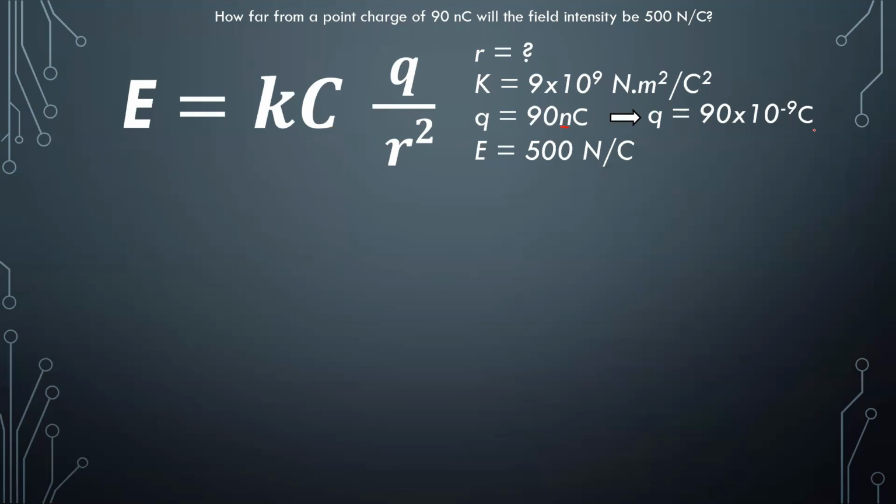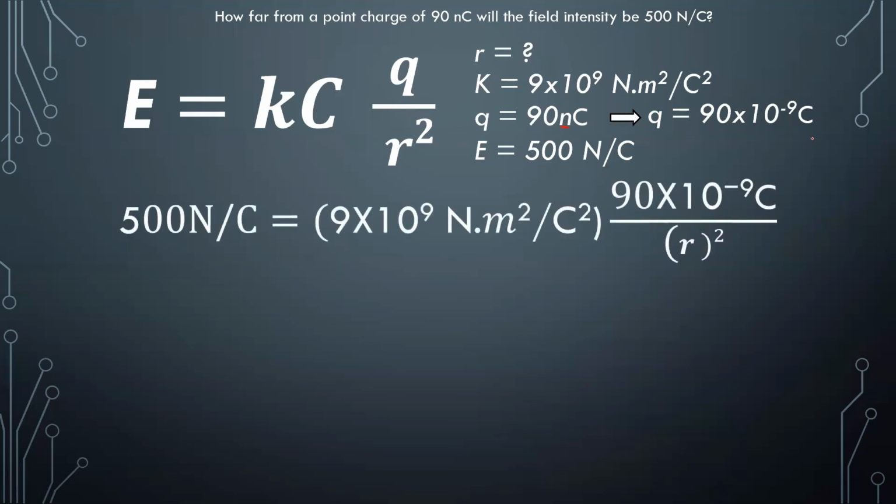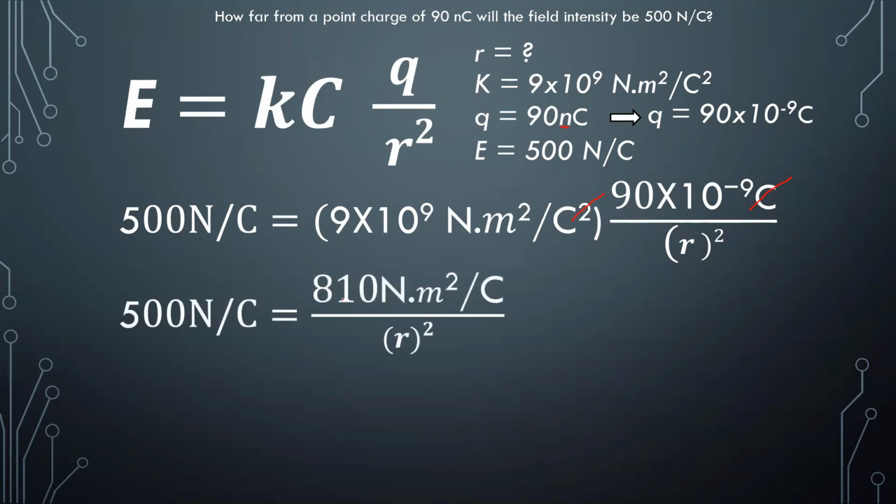Next, substitute. The coulomb still cancels. Then multiply 9 times 10 to the power of 9 times 90 times 10 to the power of negative 9. And that is 810 newton times square meter over coulomb.